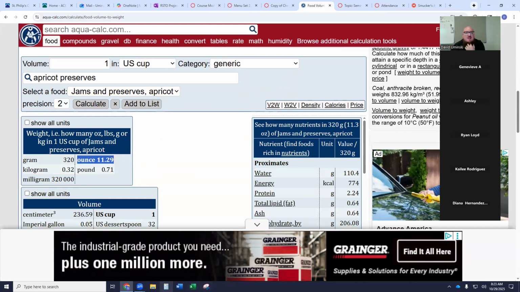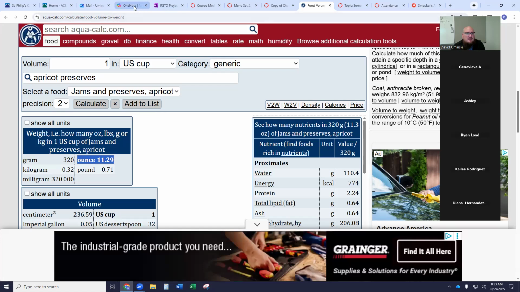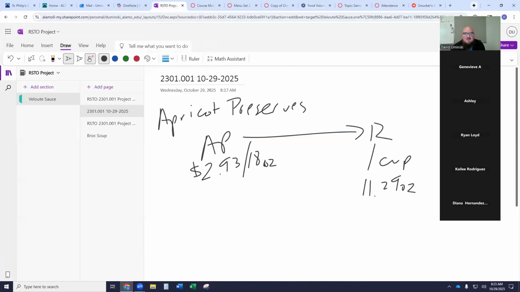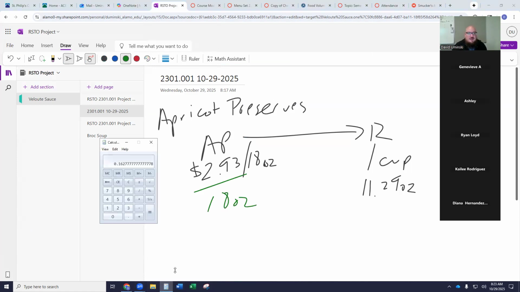And so then maybe it was the conversion of that 24 something ounces that was throwing you off. What do you get when you divide 2.93 by 18 ounces? 0.16. Okay. So I think that also is the other issue. When you divide the price by 18 ounces, you get 0.162.